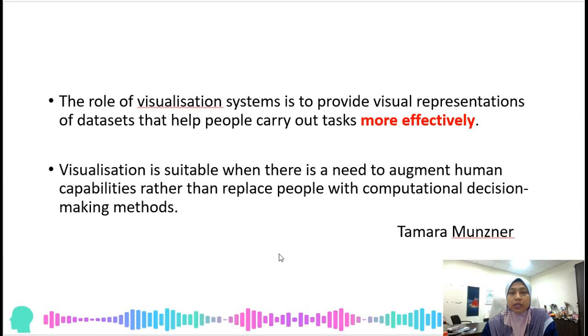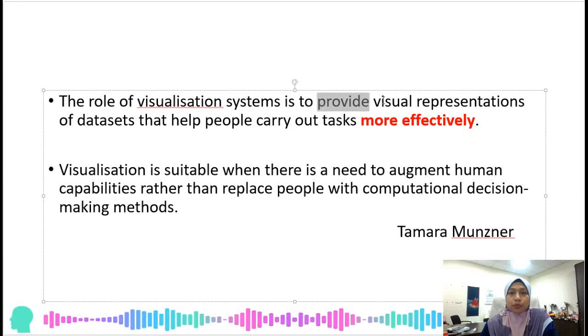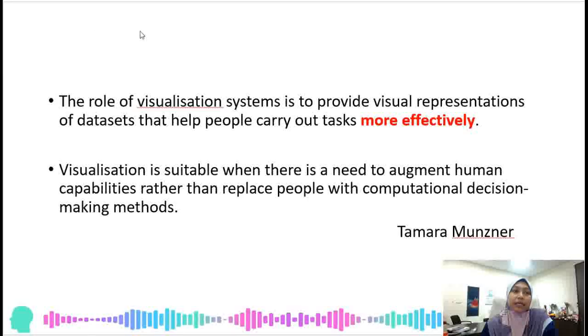The role of the visualization system is to provide a visual representation of the data sets that will definitely help you to carry out the task more efficiently. You get the data, you have to present the data to your CEO or any of your decision makers.